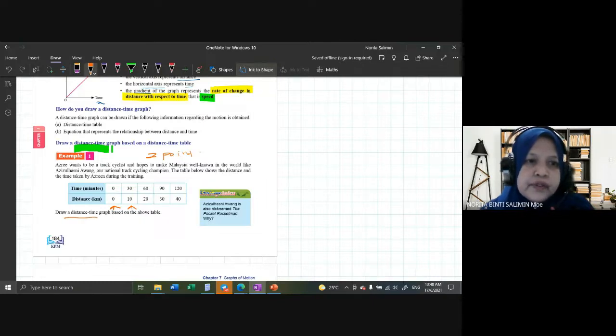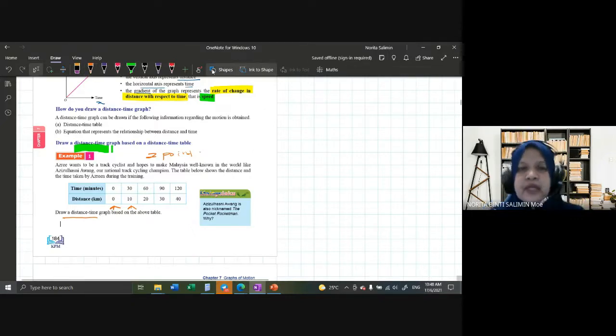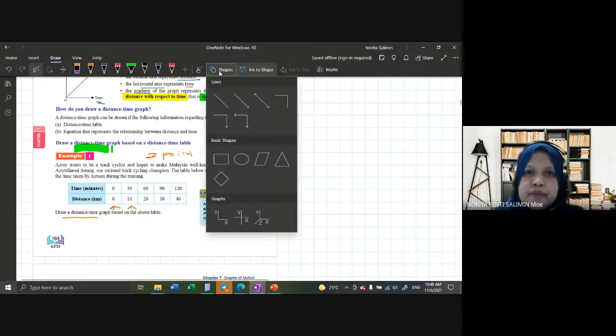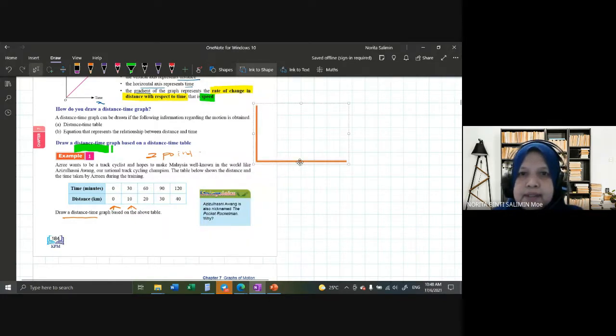Draw a distance-time graph, same as the last 2 weeks. We have to use the y-axis and x-axis. Let's say this is Azri's graph.